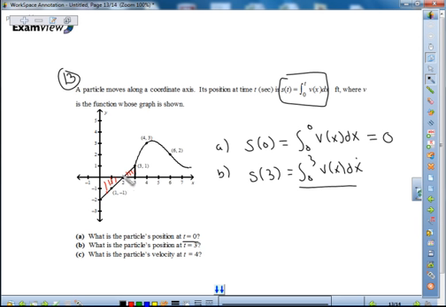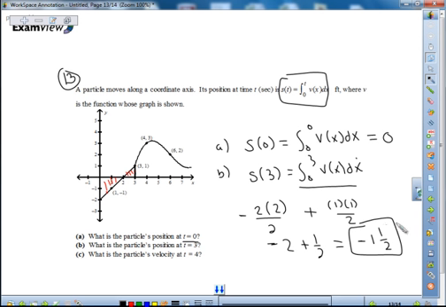So this is a triangle with base 2, the height is also 2, divided by 2, and it's going to be negative because it's below the x-axis. The second is also a triangle with base and height of 1, divided by 2. So I'm at negative 1 and 1/2. That means I'm 1.5 units to the left.